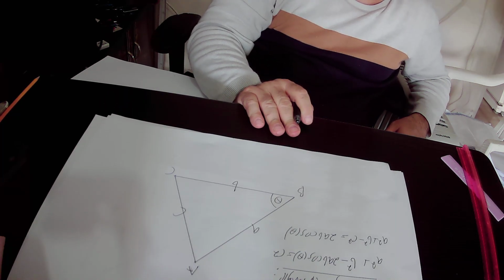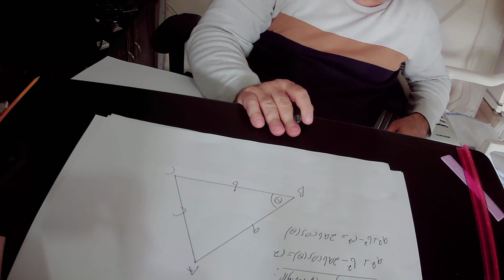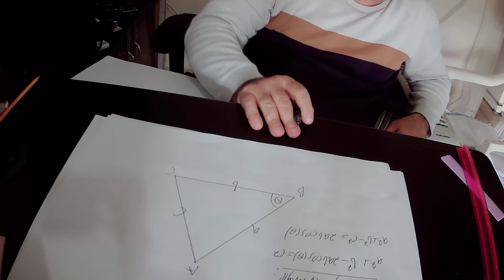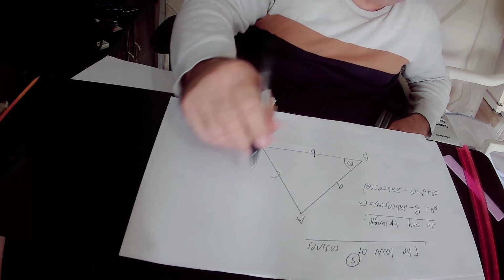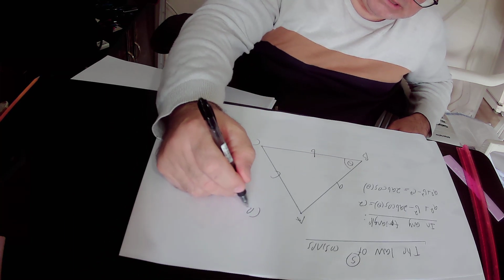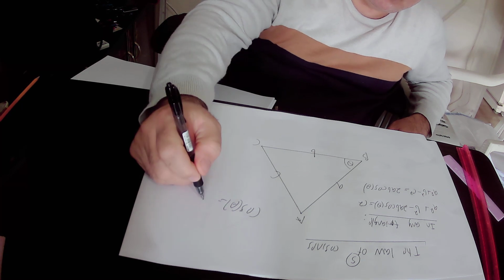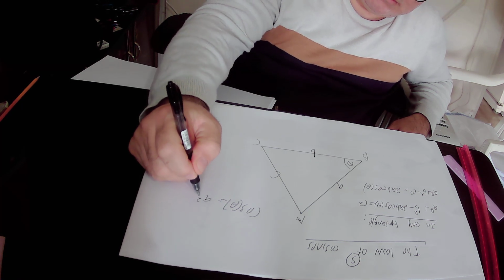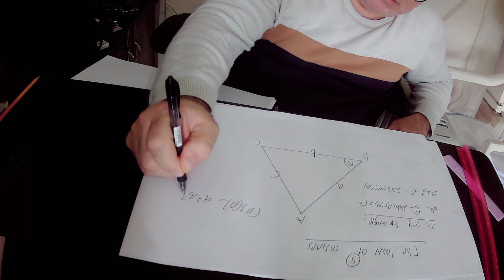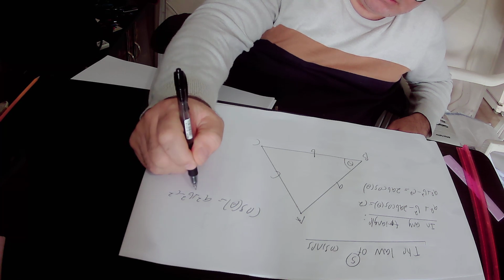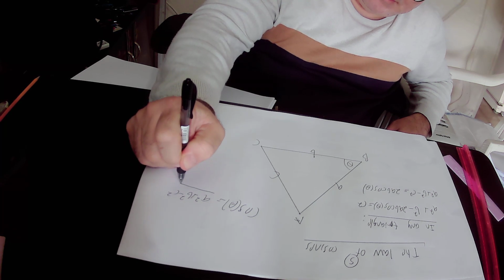Here we will divide this equation by 2 times AB, and we will get that cosine theta equals to A square plus B square minus C square over 2 times AB.